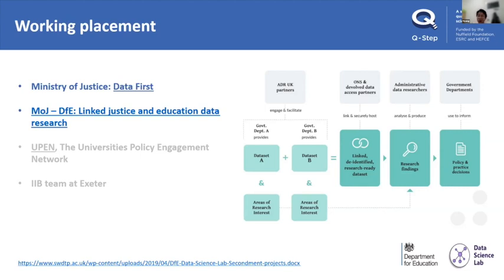One of the projects they were most interested in was exactly this data linkage, using the linked data of the MOJ and DFE. To recruit PhD students, the data science lab at the DFE had a conversation with UPEN, the University Policy Engagement Network.